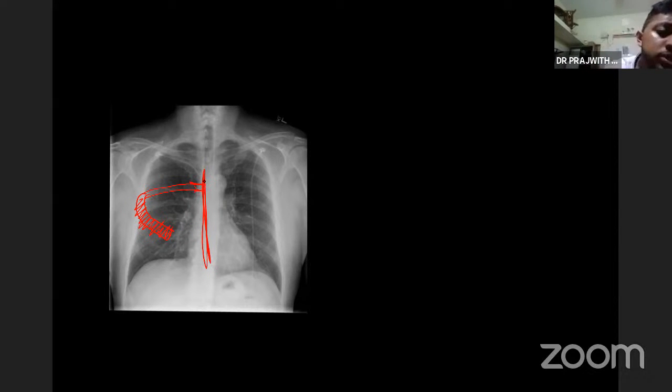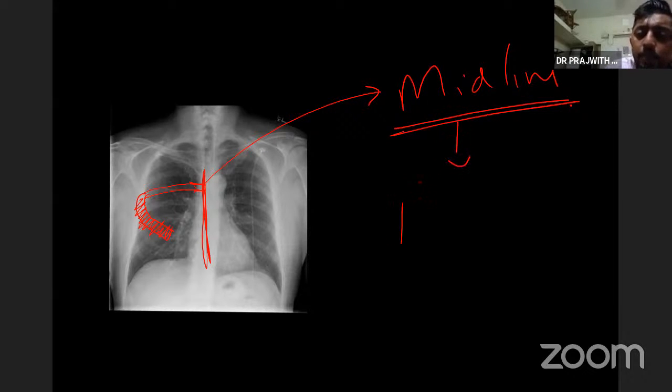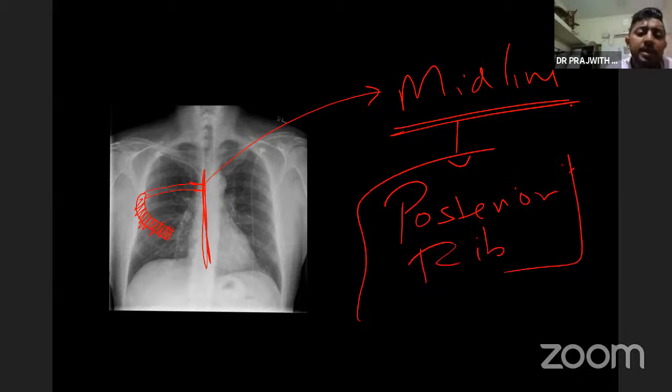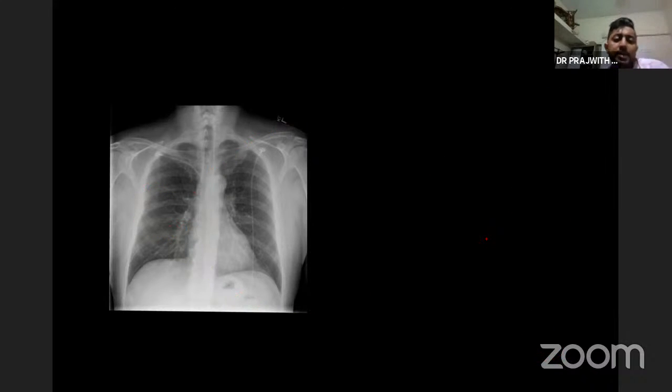Anything that reaches the midline is the posterior rib. Anything that doesn't reach the midline is the anterior rib. Remember that the anterior rib doesn't reach the midline, and the posterior rib reaches the midline.